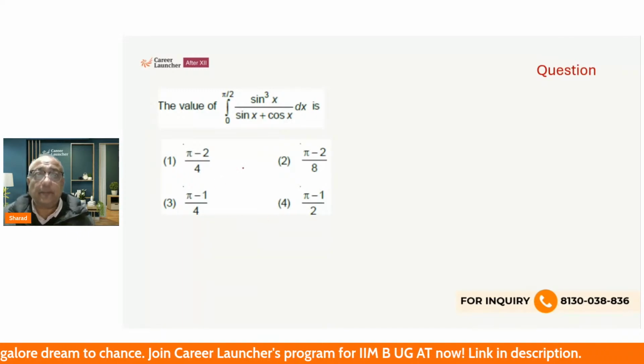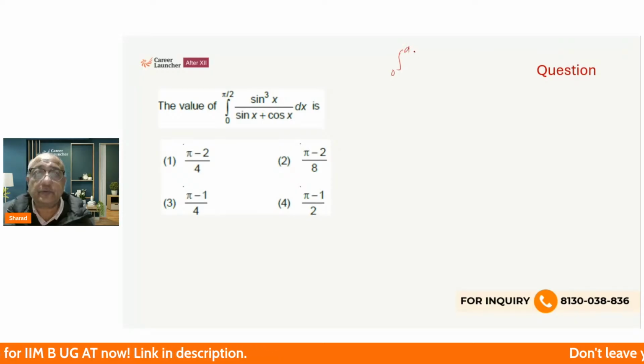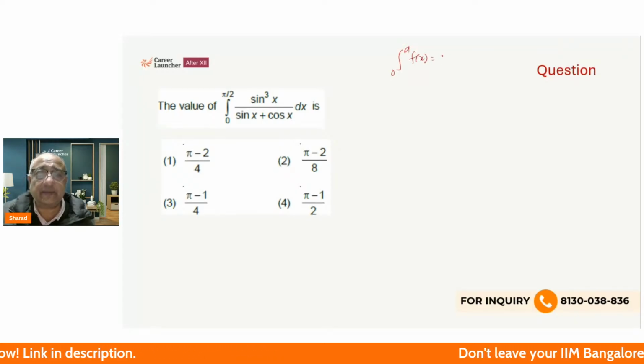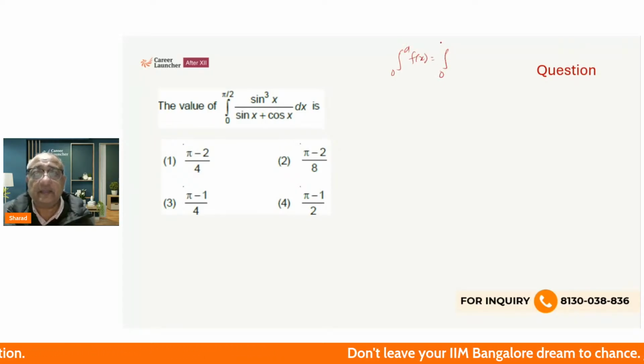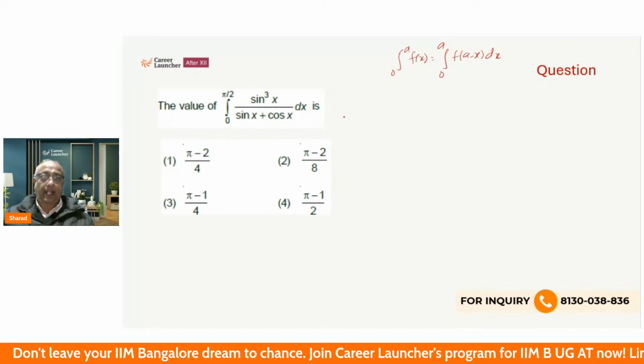Slightly difficult. But here I'll use one more property, the same one in a different format: integral 0 to a of f(x), which is the same, actually, with b replaced by 0, is integral 0 to a of f(a minus x) dx.